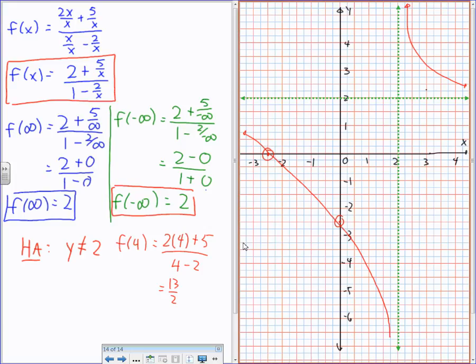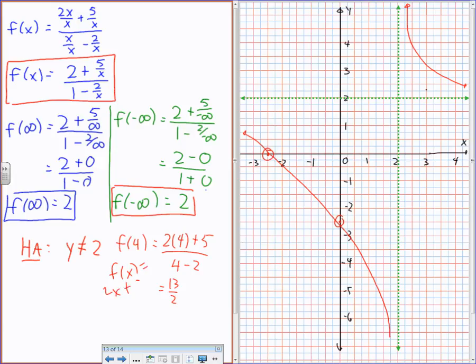Can I show another way of doing that last part? Of course. If you use your equation, f(x) equals 2x plus 5 over x minus 2, using a test point is a good way of doing it.